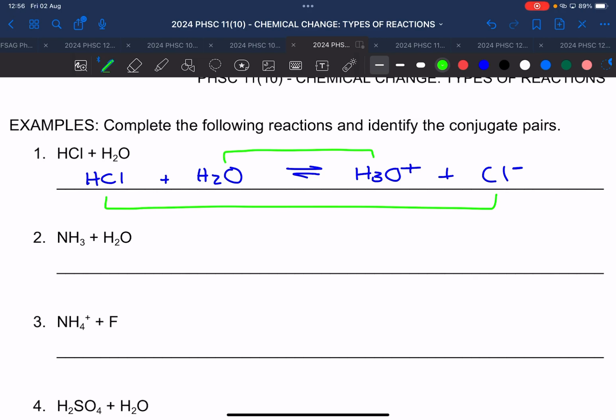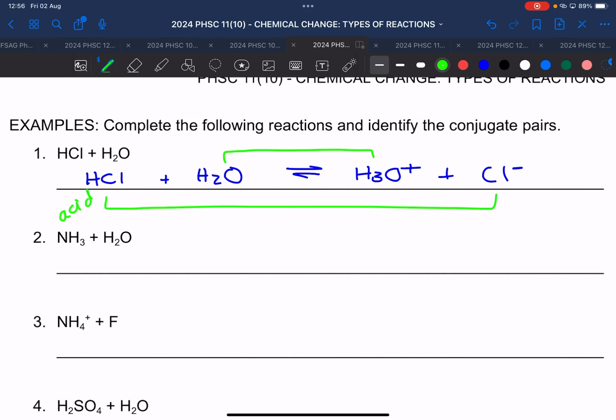Right, now we need to say which one is an acid, which one is a base. Courtney? We have hydrogen chloride is an acid. Why is it an acid? Because it's in the name. And because it gave away its proton. Yes.